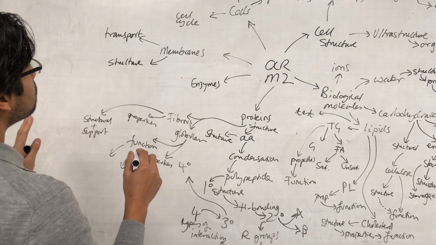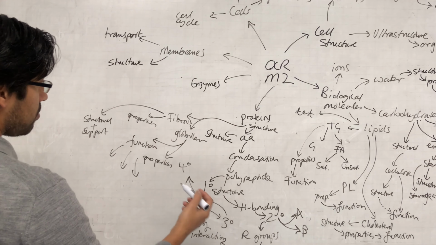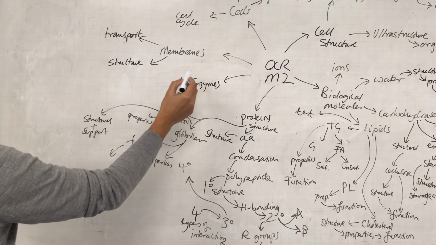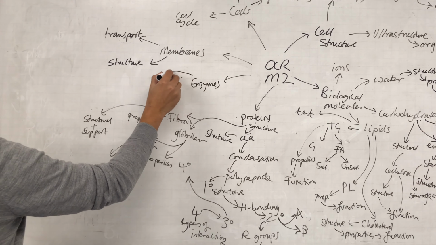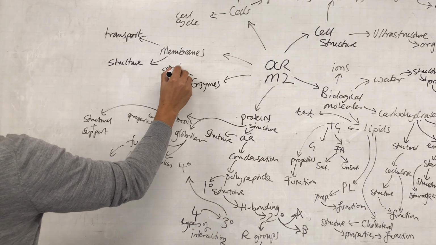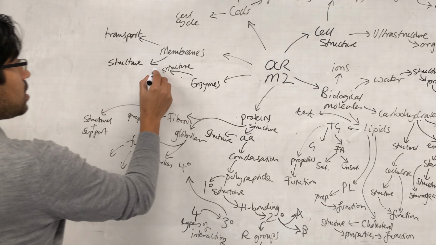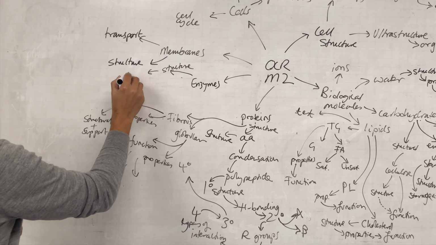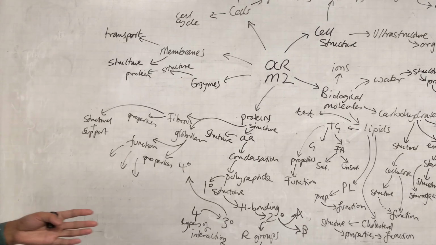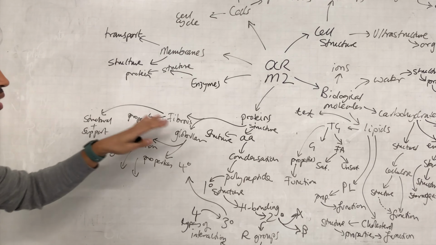Maybe I'll move the membrane stuff a little bit, but in relation to enzymes, there are a few key things. Structure, that's easy. The key thing about the structure of an enzyme is that it is a protein. So all of this stuff is true, at least usually enzymes will be globular proteins.